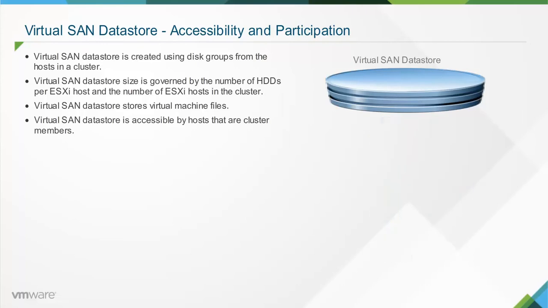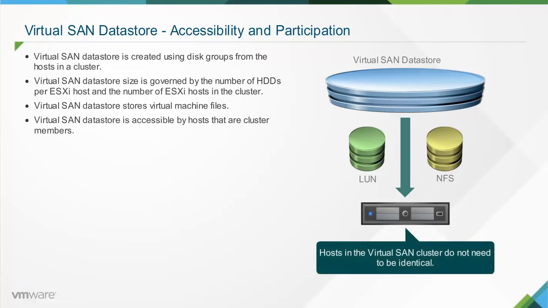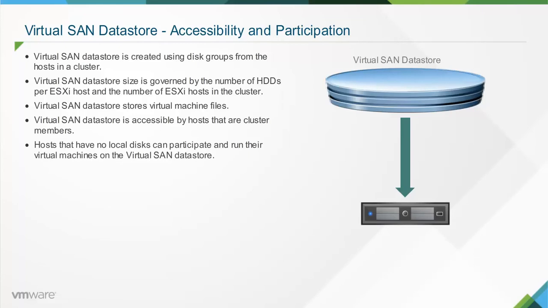Remote data stores such as the Logical Unit Number, or LUN, and Network File System, or NFS, can be presented to hosts that are members of the Virtual SAN cluster. Hosts in the Virtual SAN cluster do not need to be identical. Even the hosts that have no local disks can participate and run their virtual machines on the Virtual SAN Datastore.